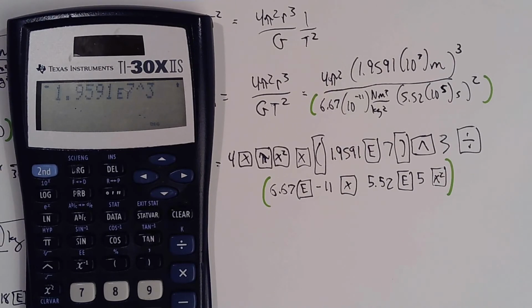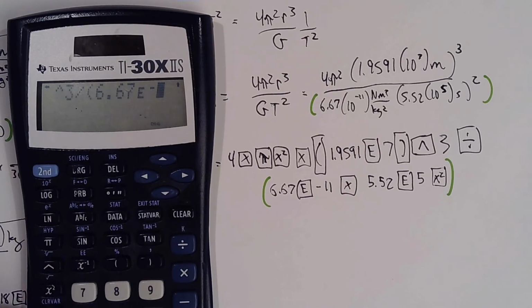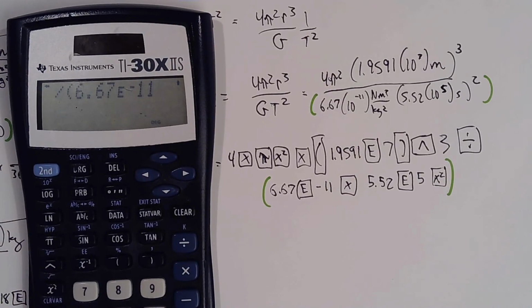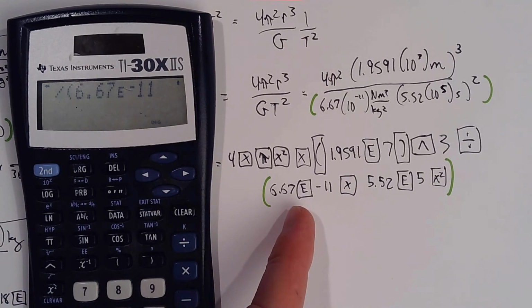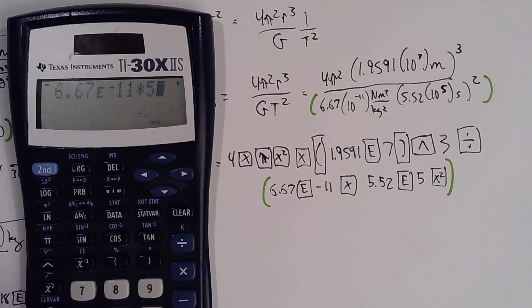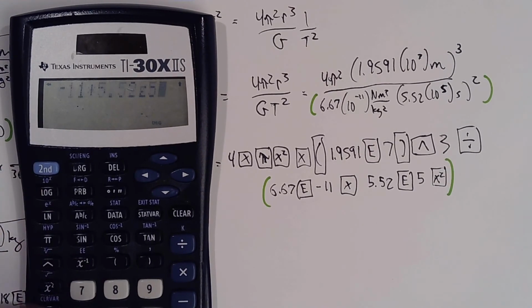That term cubed divided by green parenthesis 6.67 e to the negative 11th. If your calculator has memory buttons on it, mine does, it probably wouldn't hurt to put that into the memory of your calculator so you don't have to enter it in every time. 5.52 e to the 5th squared.